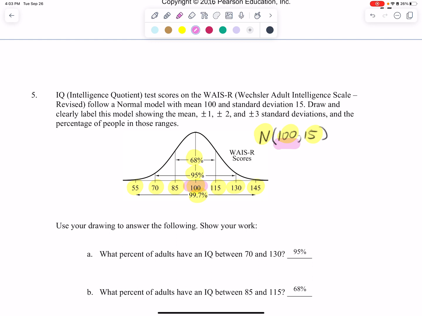The way you do the 15 is add 15, add 15, add 15, subtract 15, subtract 15, subtract 15. Within 1 standard deviation is 68%, within 2 standard deviations is 95%, and within 3 standard deviations is 99.7%.